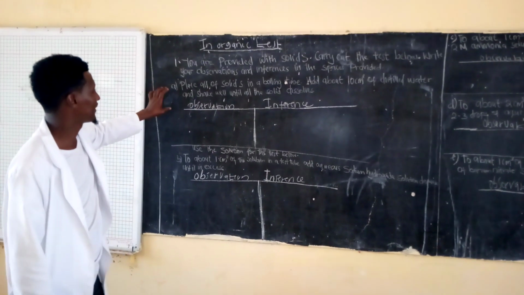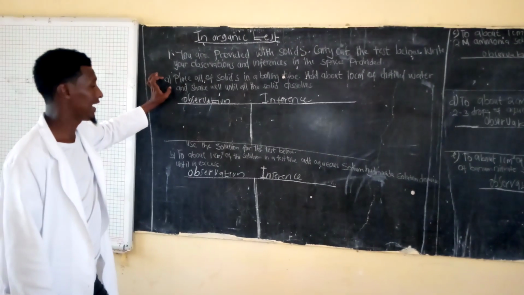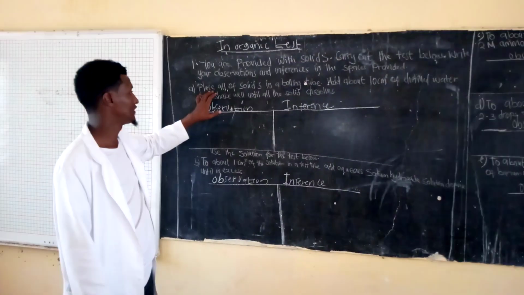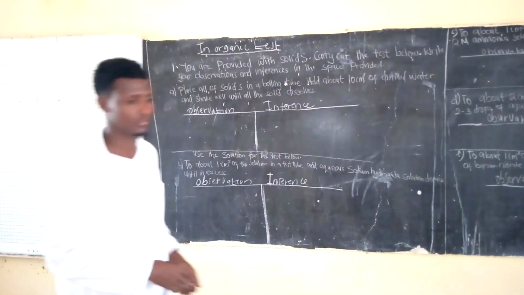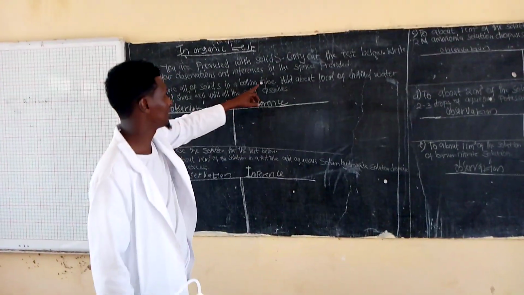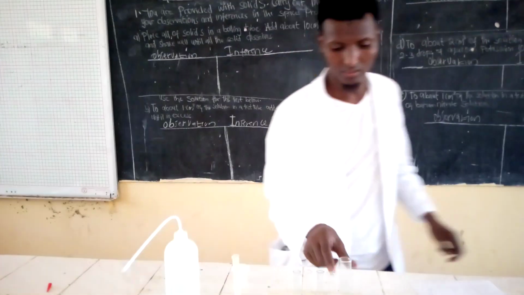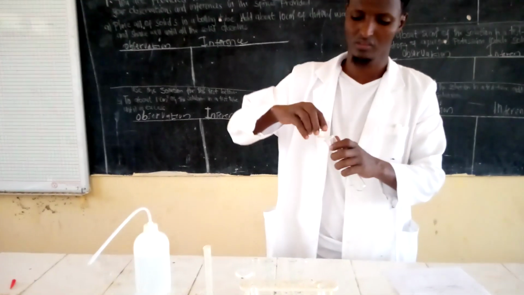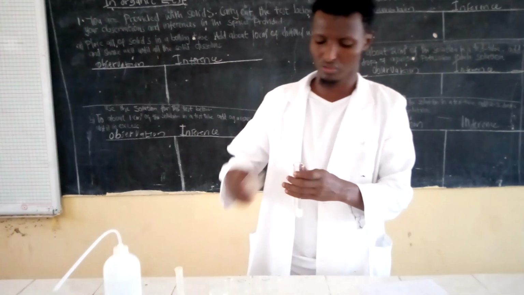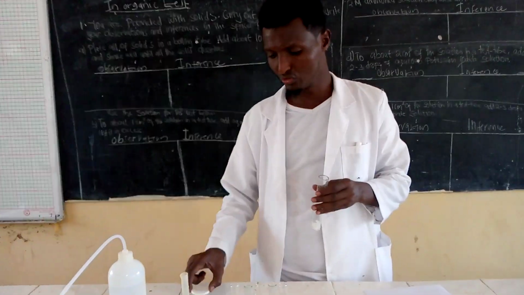Now, if we start with A, it says place all solid S in a boiling tube. Here we have a boiling tube, and we are going to place all solid S in the boiling tube.